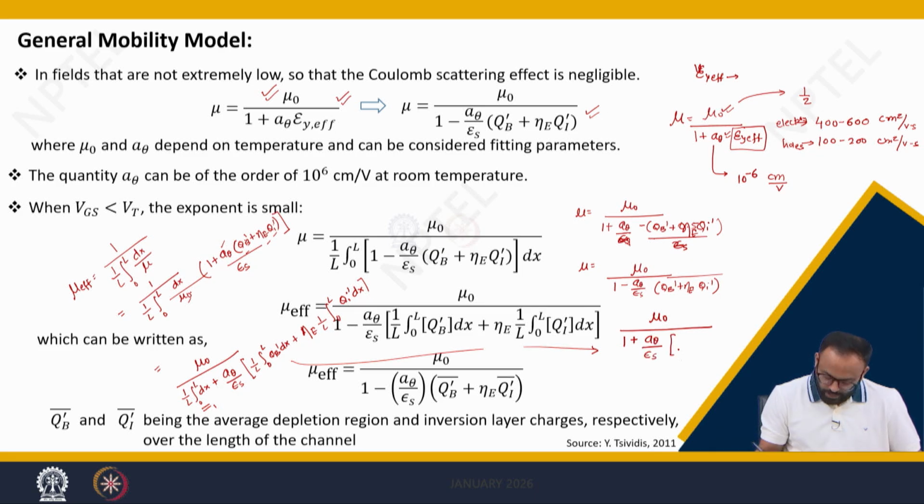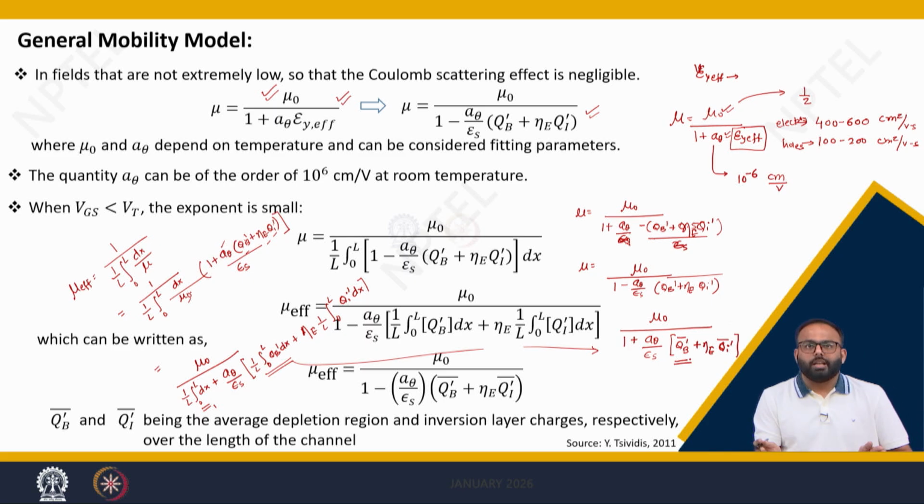and these quantities I can term as average bulk charge per unit area. So I am denoting it as Qb dash bar plus eta E Qi dash bar, where these are the average charge over the length, right. That is what you are getting here. Sorry, I missed a sign, plus should be minus, because of this minus it will be minus, right.